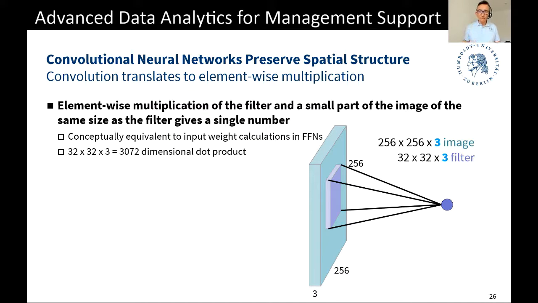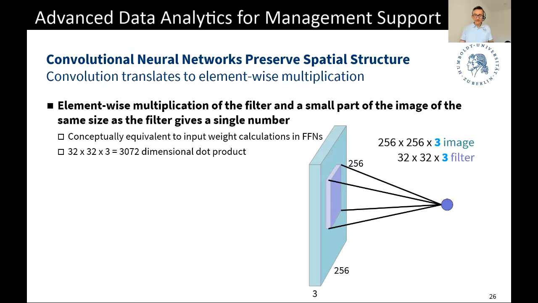For this one output value, we can make the point that it's pairwise multiplication. So essentially, we are again calculating dot products here. But since the dimension of our filter is small relative to the dimension of the image, this dot product is relatively cheap.